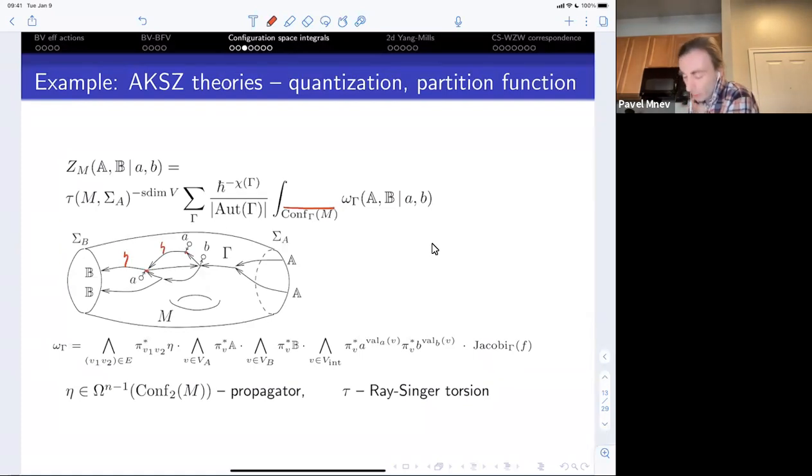I will say a couple of things about a propagator in a second. And then for each boundary vertex, I should put form A at that point, or form B at that point. And then for each leaf, I should put just a copy of the corresponding homology class.